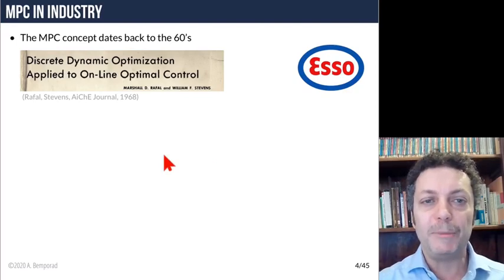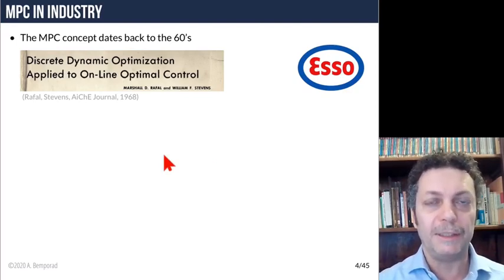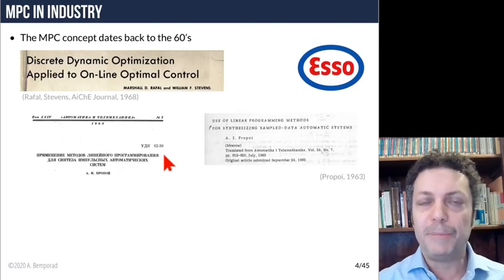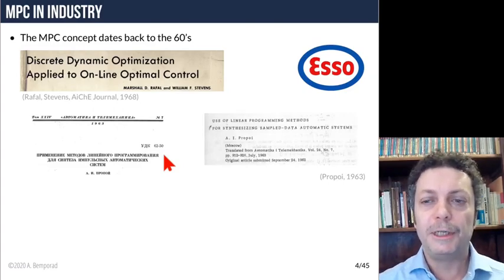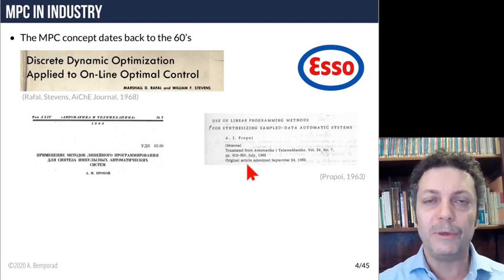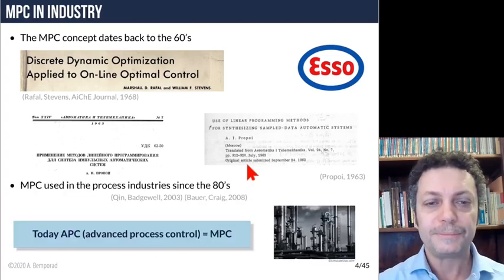It's called Discrete Dynamic Optimization Applied to Online Optimal Control, where you find this idea of repeatedly solving an optimal control problem online. There is even a paper in the Russian literature that appeared in the early 60s where linear programming was proposed in a receding horizon fashion, again, to synthesize a digital control law.